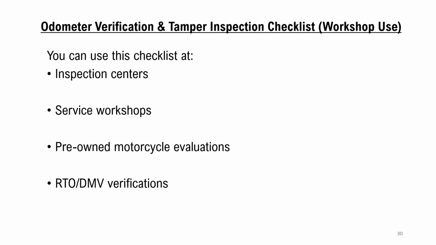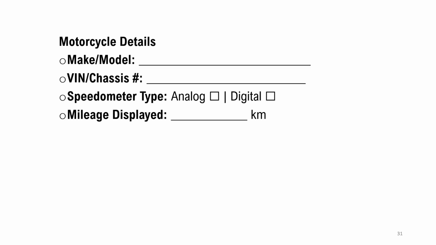You can use these checklists at inspection centers, service workshops, pre-owned motorcycle evaluations, and RTO or DMV verifications, including make and model of the motorcycle, vehicle identification number, speedometer type, and mileage displayed in kilometers.